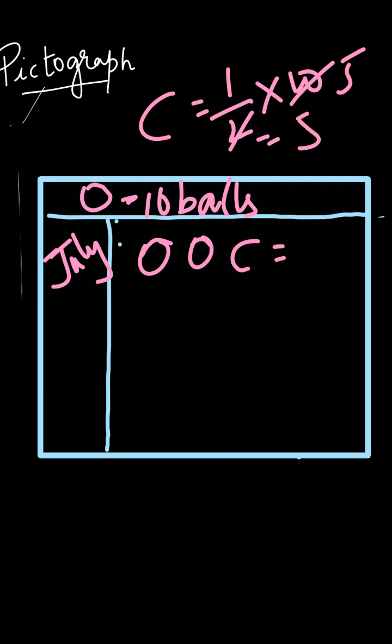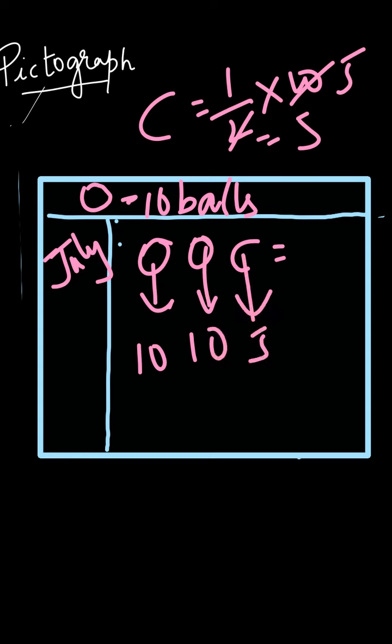So what is the number totally you get? First ball is 10, second ball is 10, and third one is 5. You have to add up every number here. So totally in July month you're going to get 25 balls were sold.